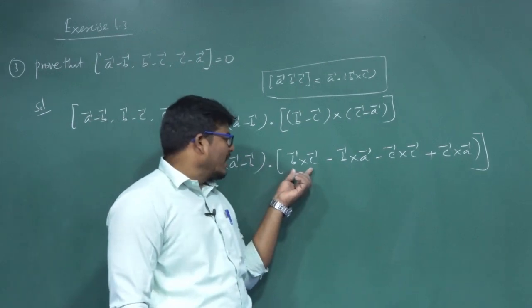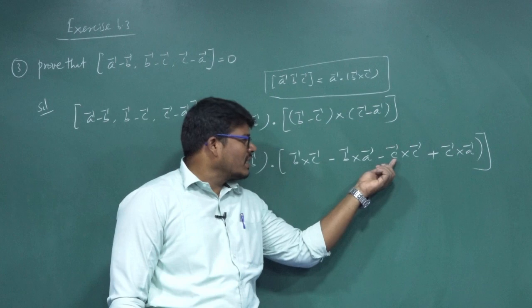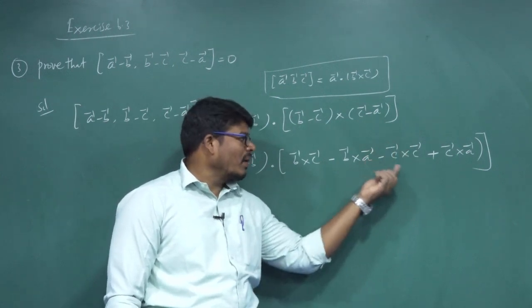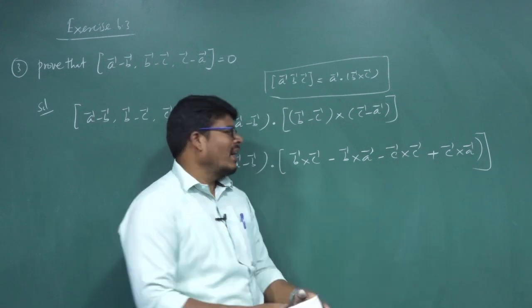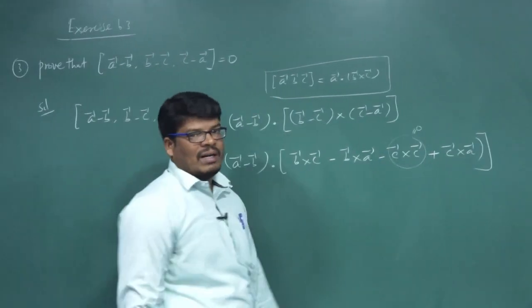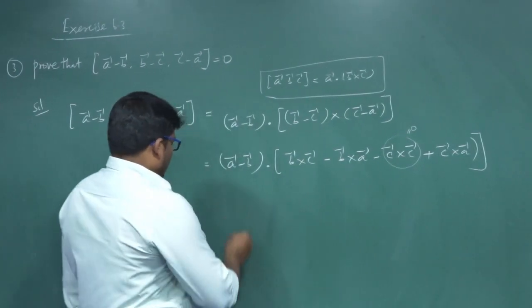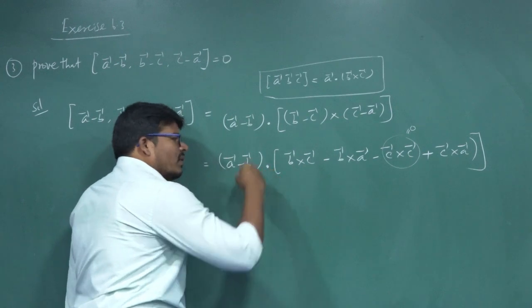The first one B vector cross C vector, minus B vector cross A vector, the third one C vector cross C vector. The vector product of two equal vectors is zero, so C vector cross C vector value is 0. Now the dot product of these vectors.